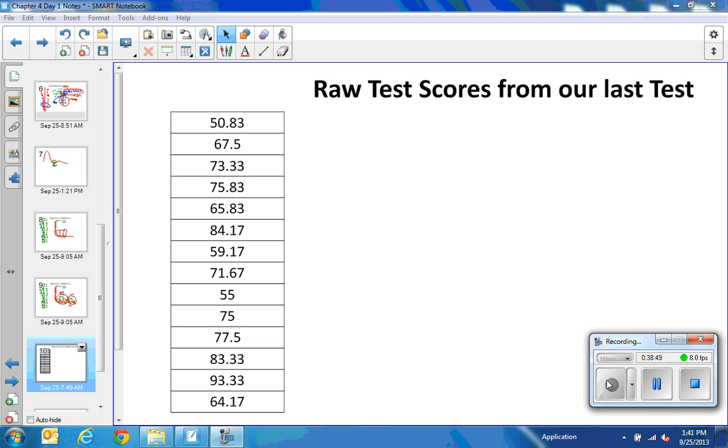Now, is this data unimodal, bimodal, multimodal, or uniform? Uniform. How many say it's unimodal? How many say it's uniform? I think you heard me.